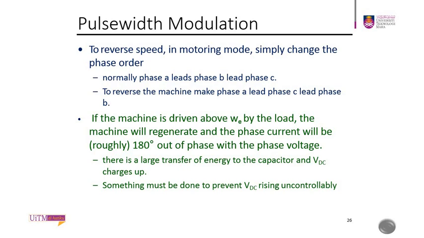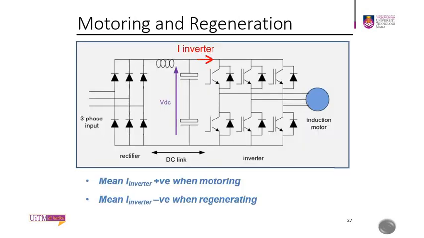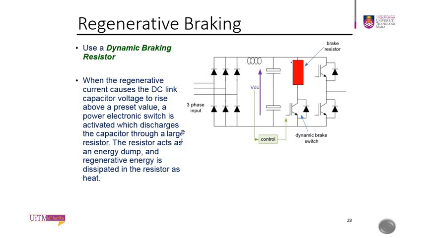In this case, the voltage will increase in your DC link, so this can explode. So what they do is they put in a dynamic braking resistor in parallel with the capacitor.